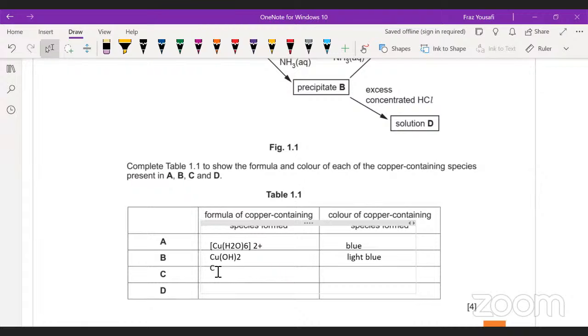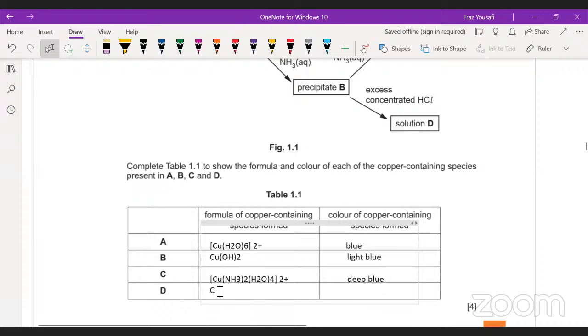The next one, we've added just enough ammonia to dissolve again the precipitate to give you a deep blue solution. So here's what we would see. You have to show, again, two of your water molecules being swapped out from the original six with two ammonias.